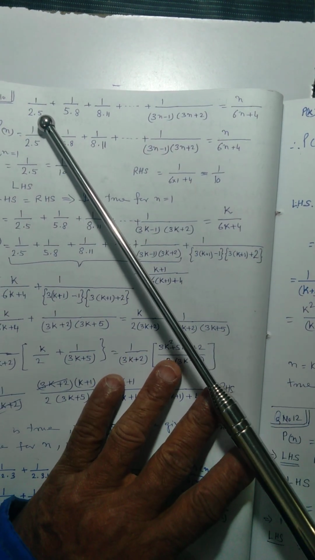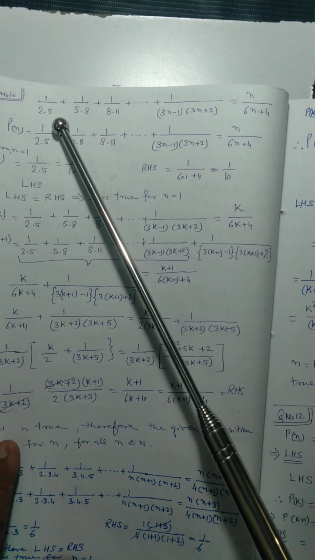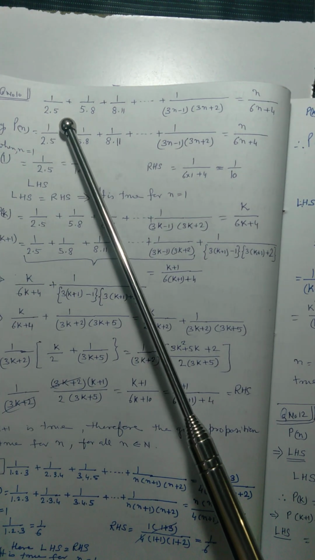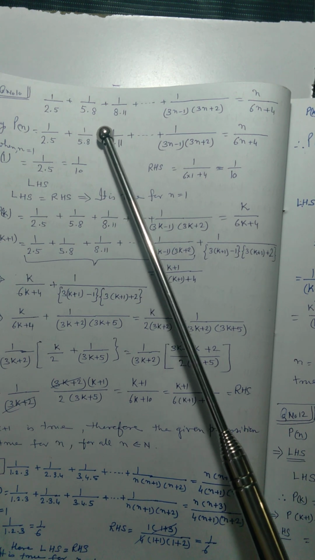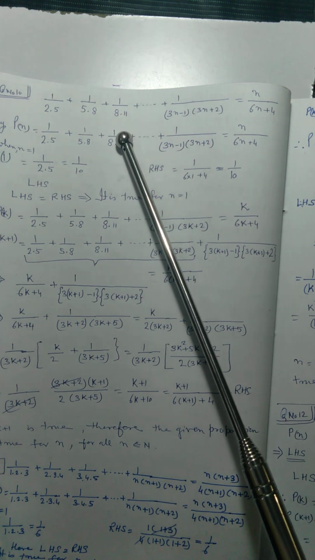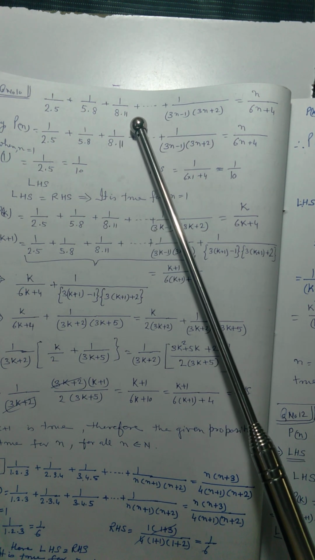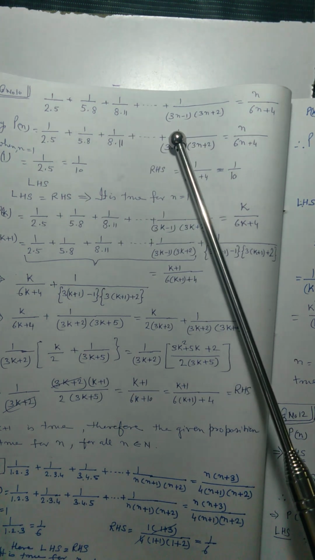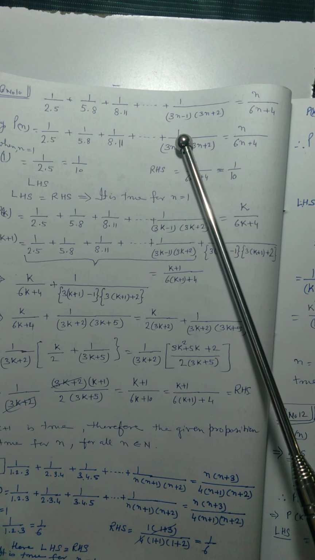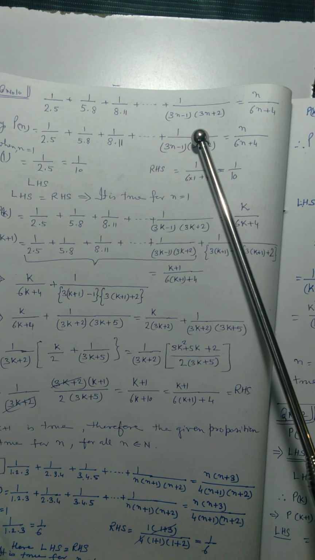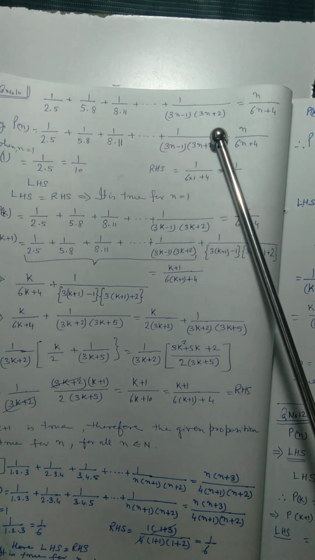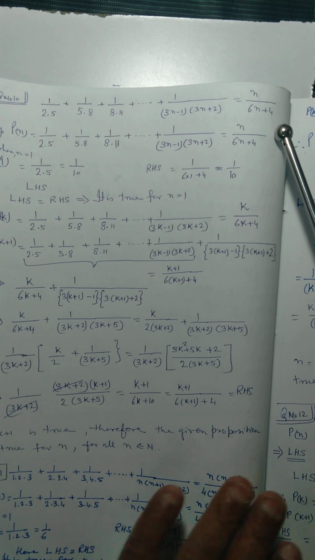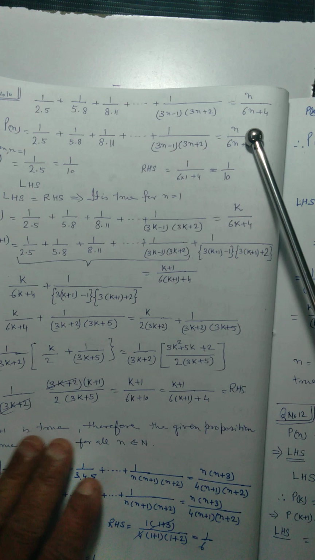Question number 10, the proposition is like this: 1 upon 2 into 5 plus 1 upon 5 into 8 plus 1 upon 8 into 11 plus dash dash plus 1 upon (3n minus 1) (3n plus 2), and it will be ultimately equal to n upon 6n plus 4.